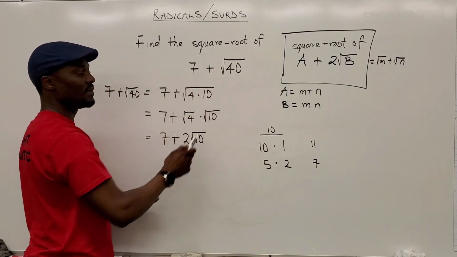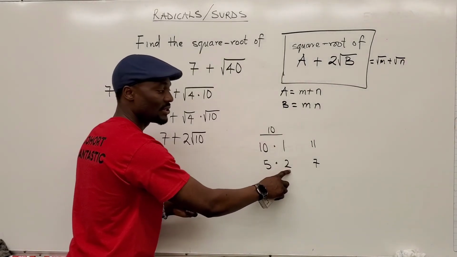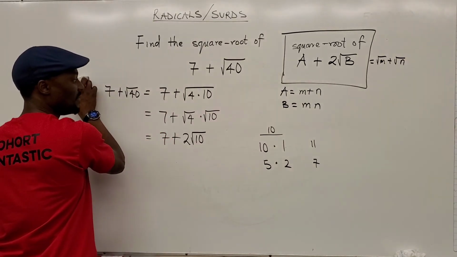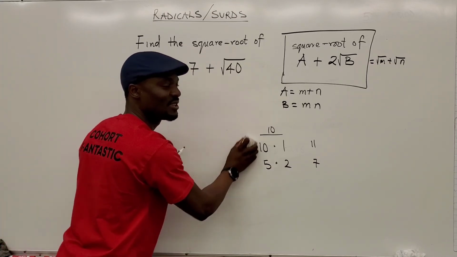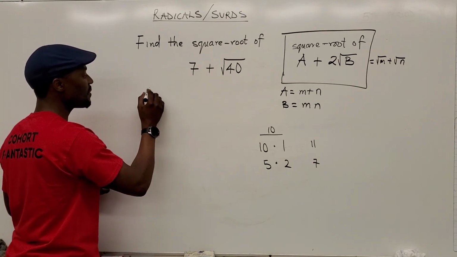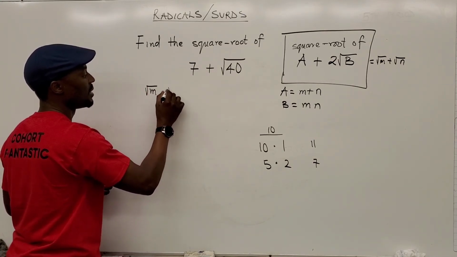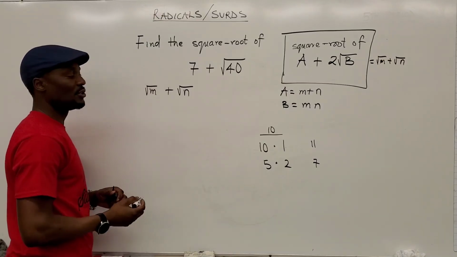Therefore, the square root of this number that I have, so this is going to be my m, and this is going to be my n. We found the answer. So the square root of this will be square root of m plus the square root of n. My m is 5, my n is 2.